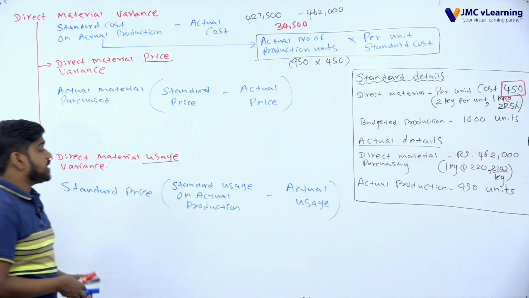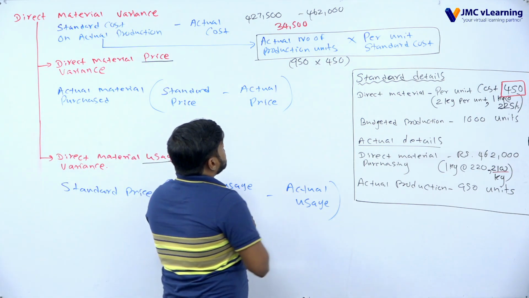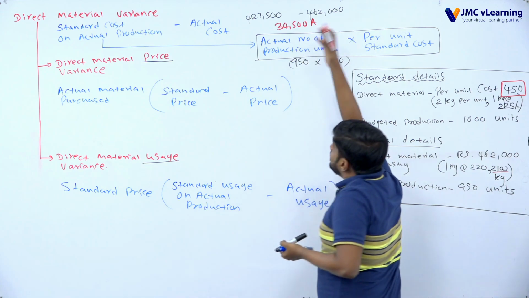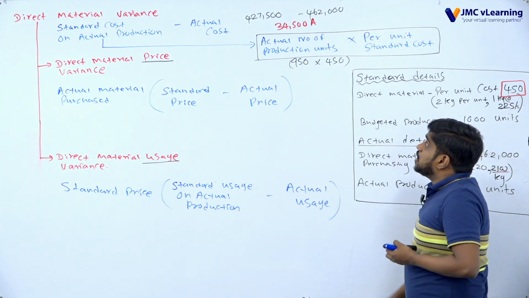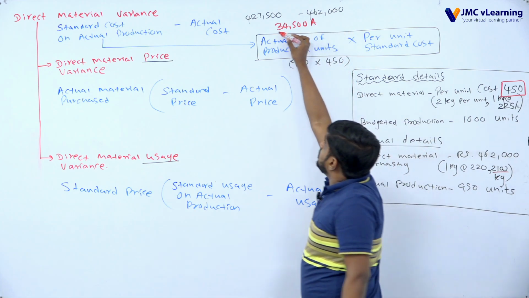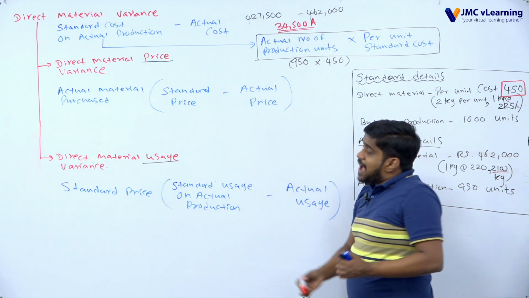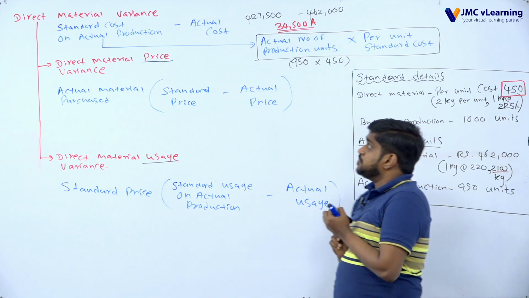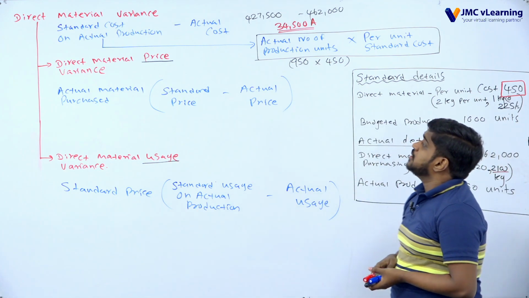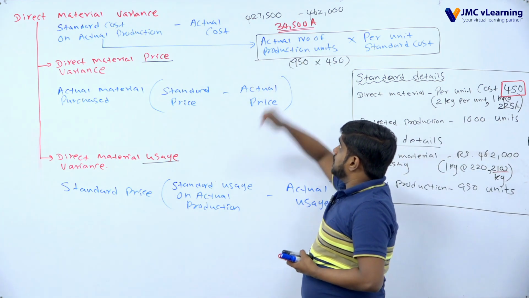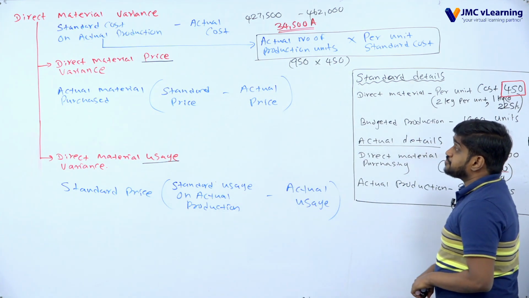Therefore, definitely we can identify this as an adverse variance, since we get the negative figure. Like this we can calculate our direct material total variance: standard cost on actual production minus actual cost.